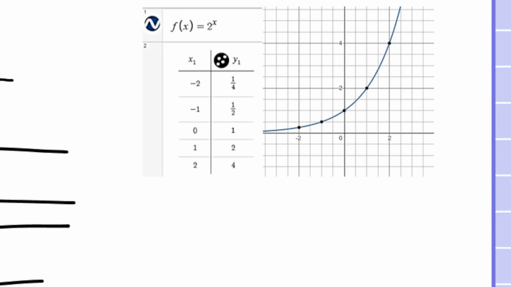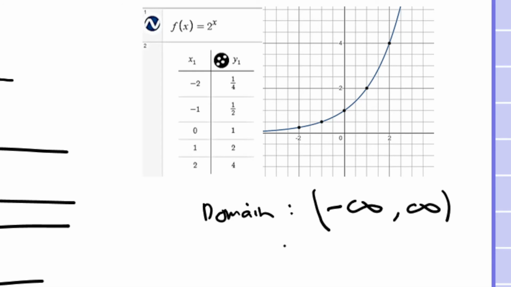Now, what is our domain here? Remember, our domain here is all real numbers. So, negative infinity to positive infinity. Now, our range here is 0 to positive infinity.